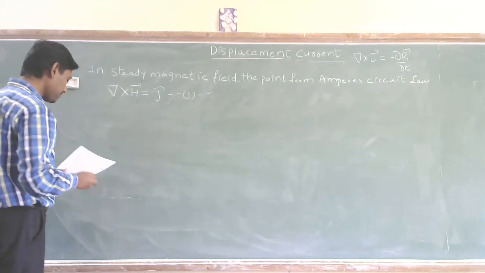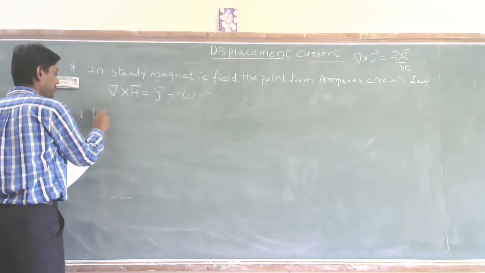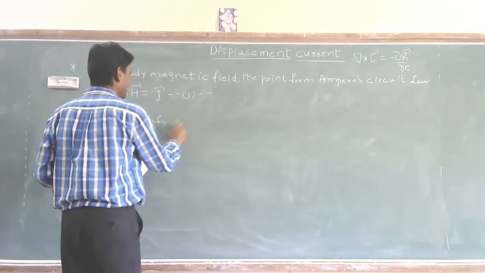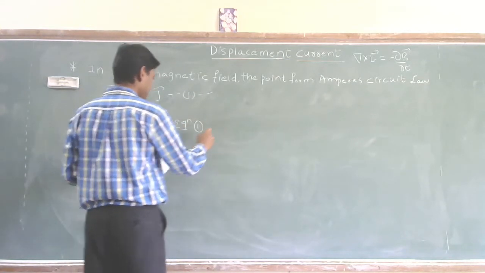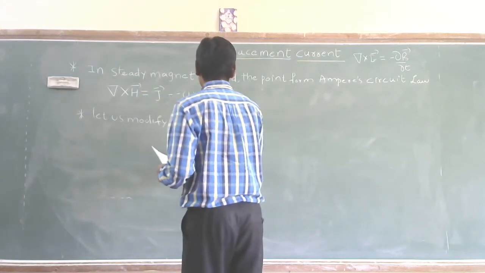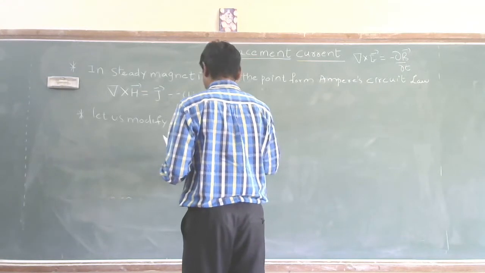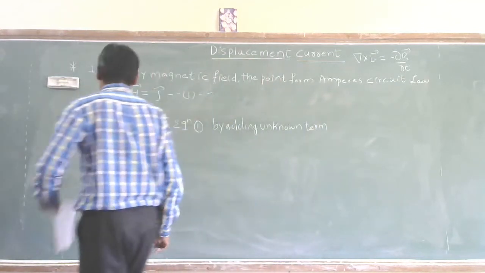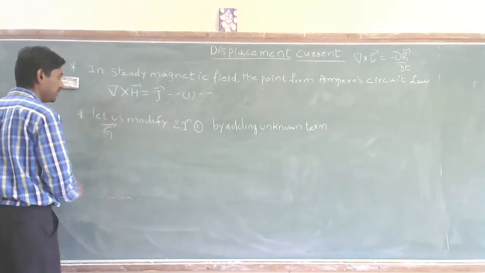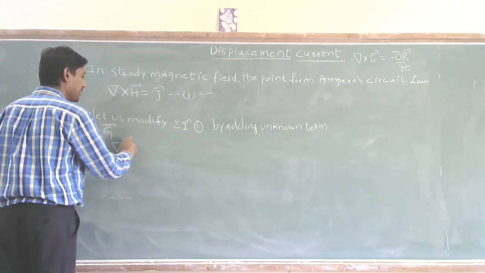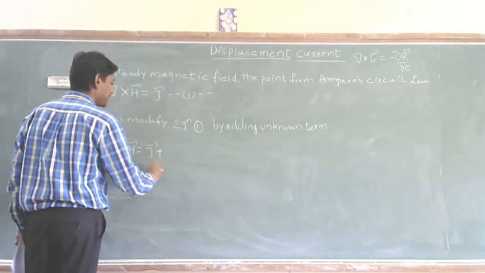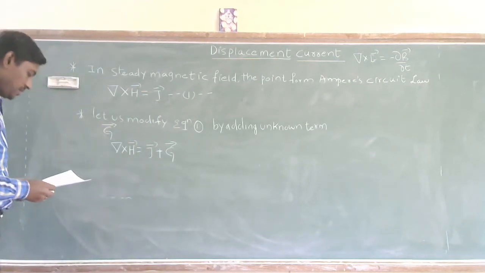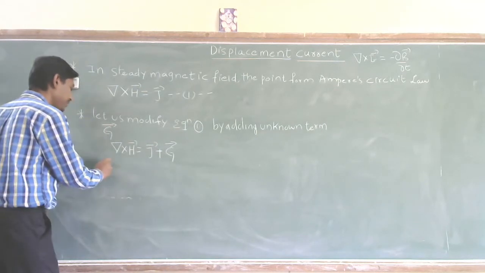So the next thing is, let us modify equation 1 by adding an unknown term, and let that unknown term be a vector G. Now I say that del cross H is J plus G. Now G needs to be determined.